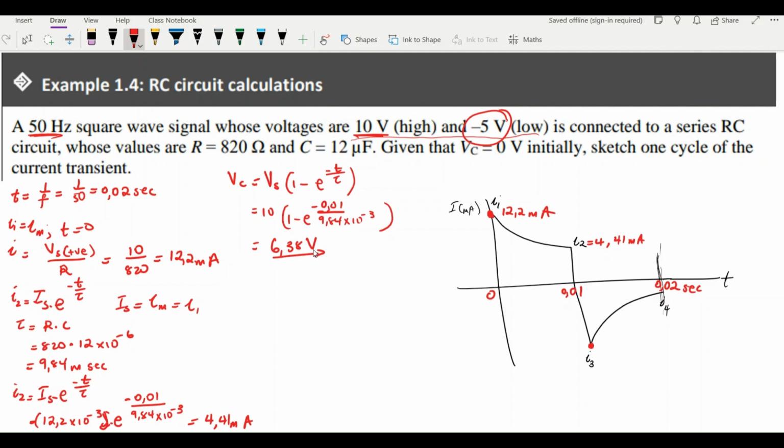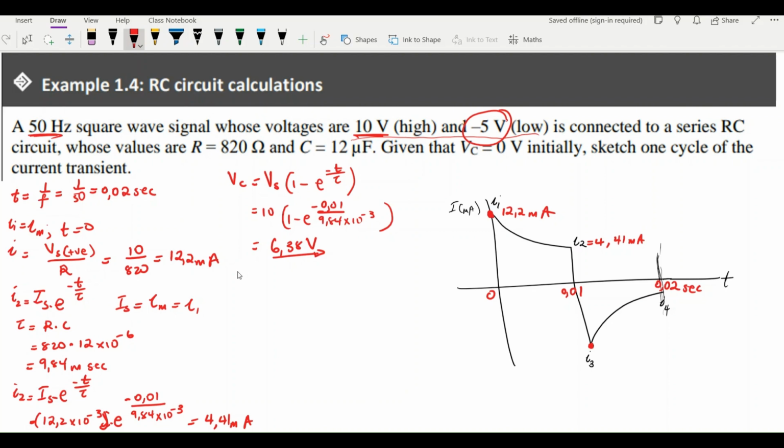Now, this we need, like I said, to consider the low voltage. Just after Vs goes low, Vs will become negative 5 volts, and Vc would be 6.38 volts.